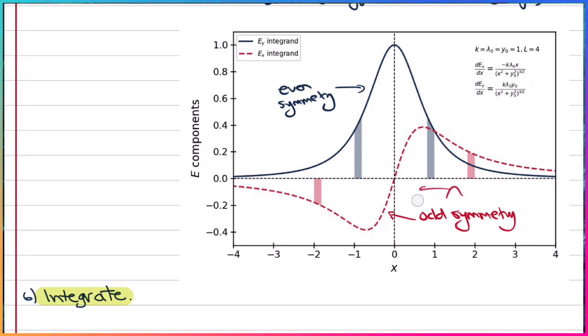So why is that helpful? That is helpful because if I think of the integral as the area under the curve, I can argue that the x component is indeed going to cancel, because the integral for E sub x is essentially the area under this integrand. Over here it's all negative, and over here it's all positive.